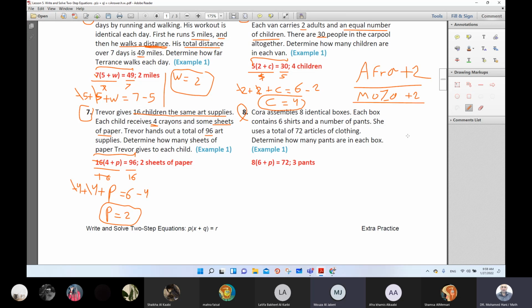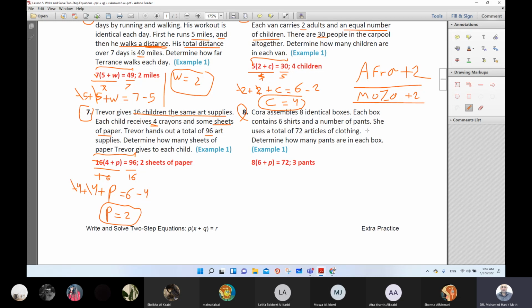Each box contains 6 shirts and a number of pants. She used a total of 72 articles of clothing. Determine how many pants are in each box. Thank you, Moza, great work.